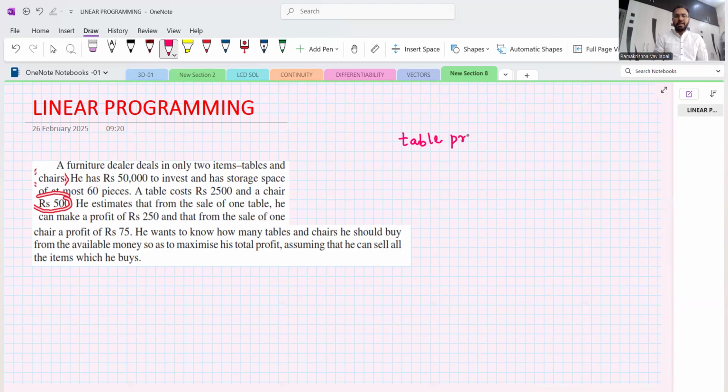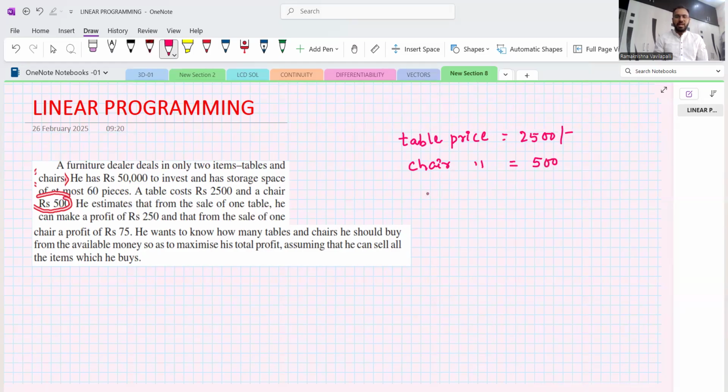If you understand the very first example in a detailed way, then the rest is all very simple. Table price is 2,500 rupees, and chair price is equal to 500 rupees.